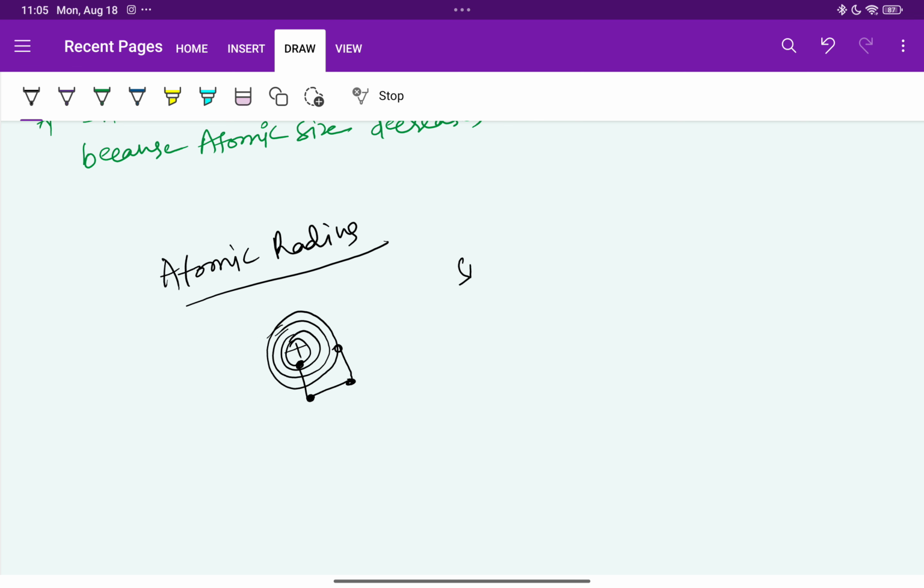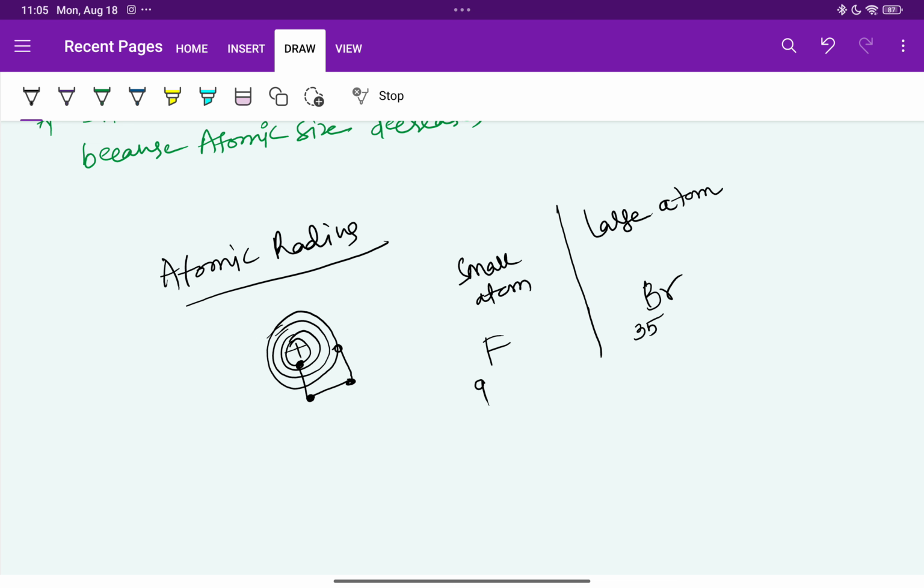You have one small atom and one large atom. The smaller atom, for example, fluorine, and the larger atom, for example, bromine, atomic numbers 9 and 35.